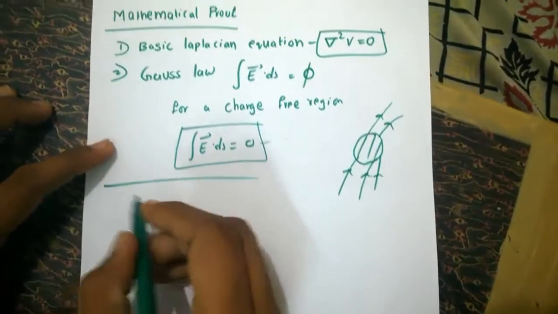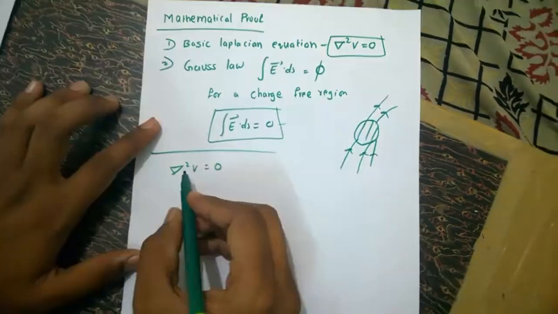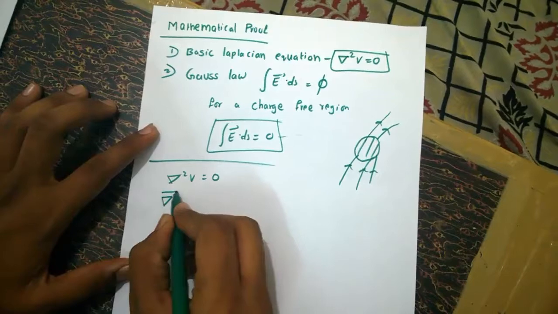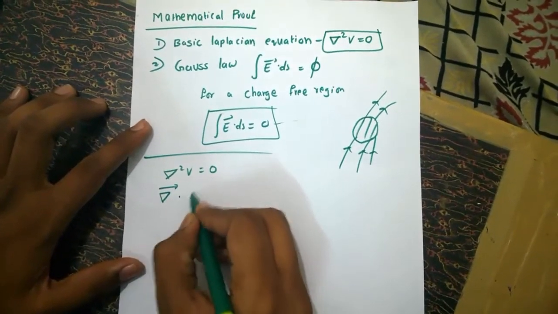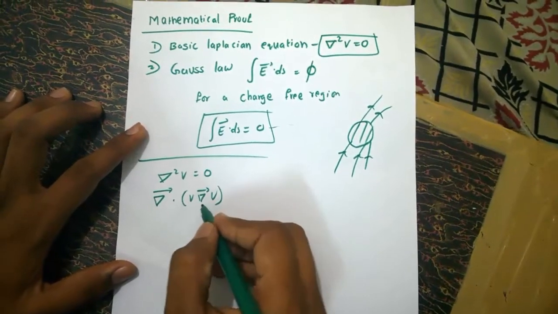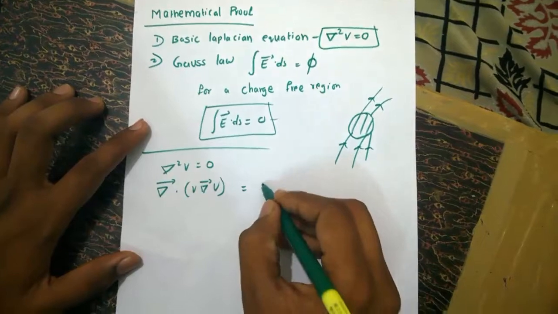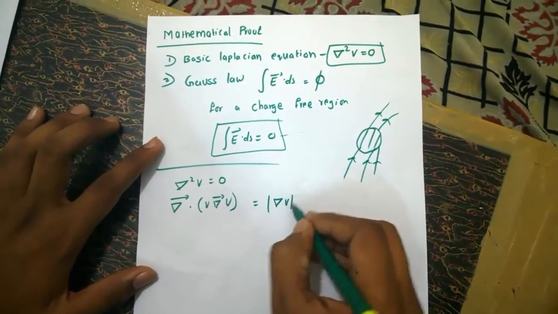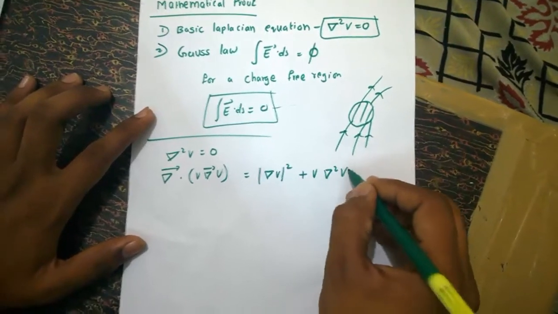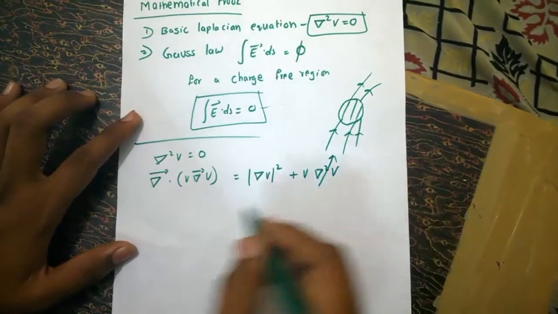Next, del square V equal to 0 can be written as, expanding it, the divergence of V times gradient V, which gives again V del square V. This is written as gradient V whole square plus V times del square V. We know that del square V is equal to 0, so this term goes out.